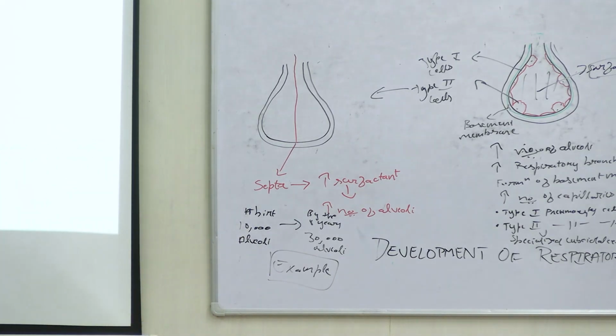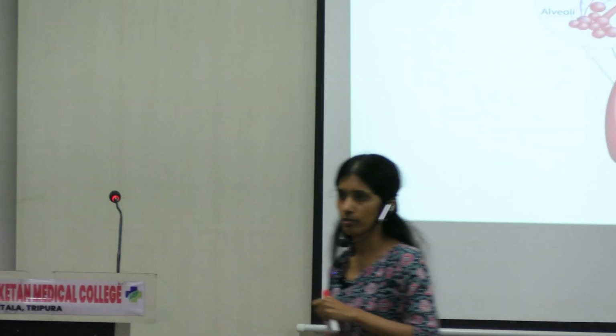Those numbers are just an example, okay? That much increase in alveoli we can see by the end of the 8th year. Any doubts? Any doubts in the development of the respiratory system? Is it clear for everyone?